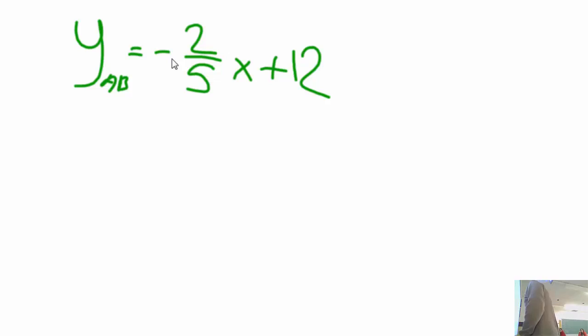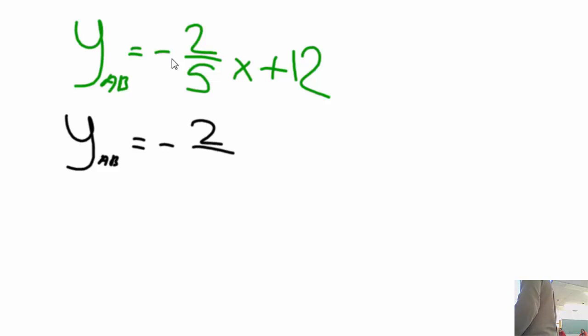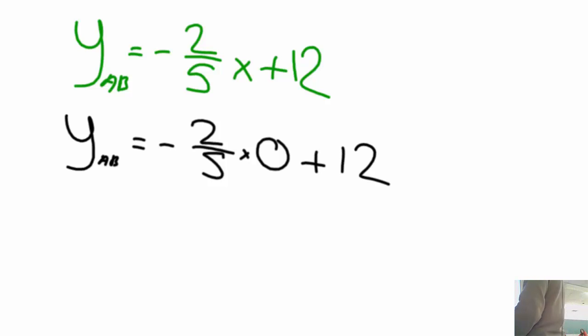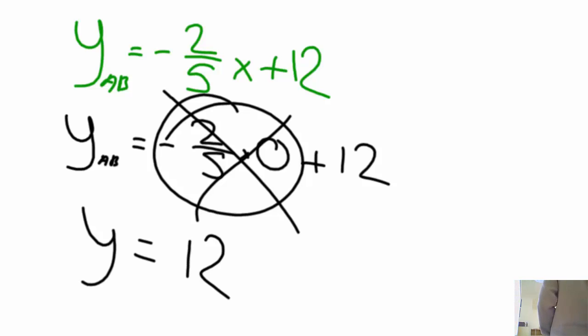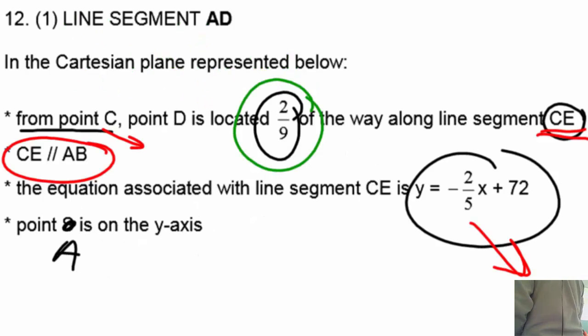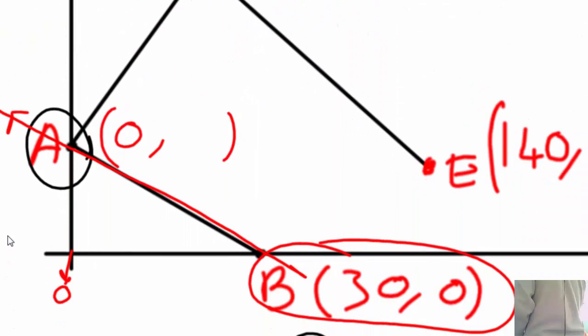Now when x is 0, y AB equals minus 2 divided by 5 times 0 plus 12. What happens here? Everything becomes 0 and y would be 12. Now I do know the coordinate. So x is 0 but y is 12.